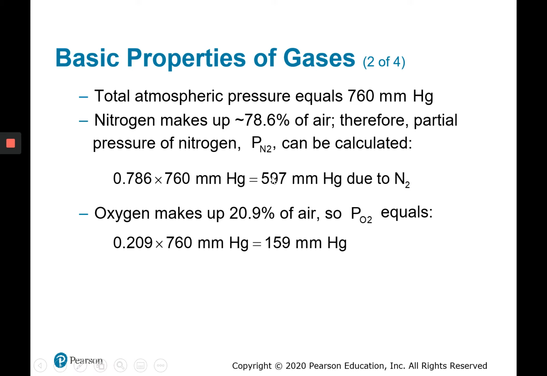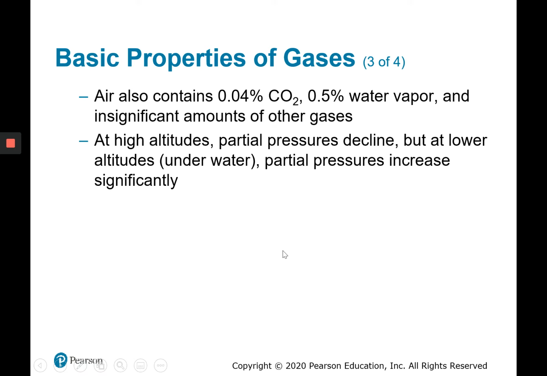So nitrogen has a higher partial pressure than oxygen. There's also carbon dioxide, water vapor, and some other gases in the air we breathe, but to an extent these are insignificant. We would see that partial pressures decrease at high altitudes, but they're going to increase underwater.